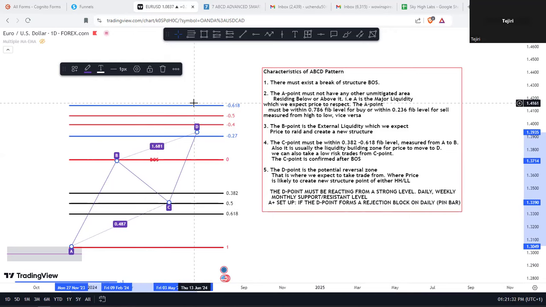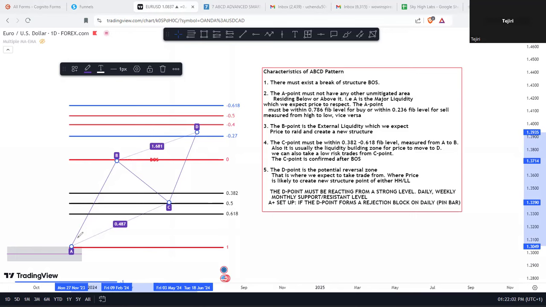Why is it that price doesn't just move straight from this point to this point? Because you are seeing candlesticks, but price is seeing money.